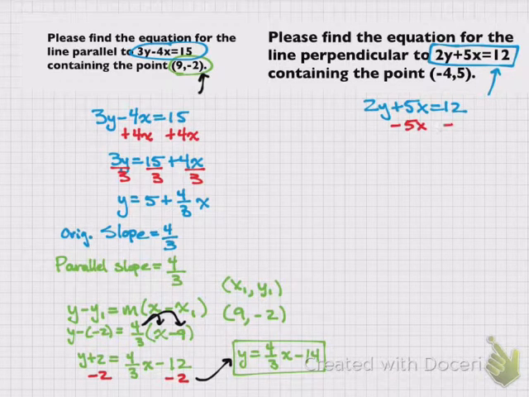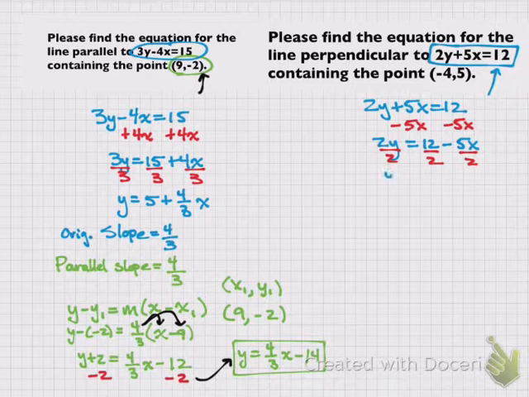So we subtract 5x from both sides. We end up with 2y equals 12 minus 5x. We'll divide both sides of the equation by 2. We end up with y equals 6 minus 5/2 x. So our original slope is going to be negative 5/2.